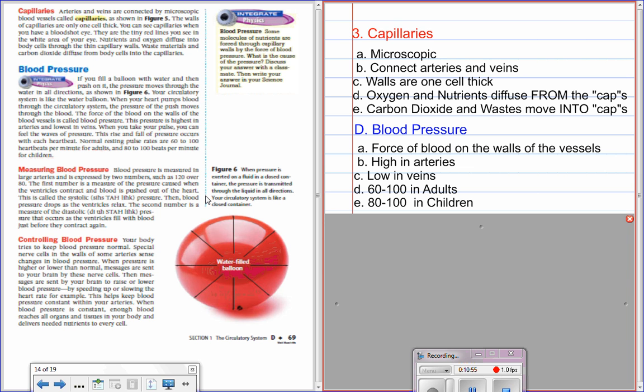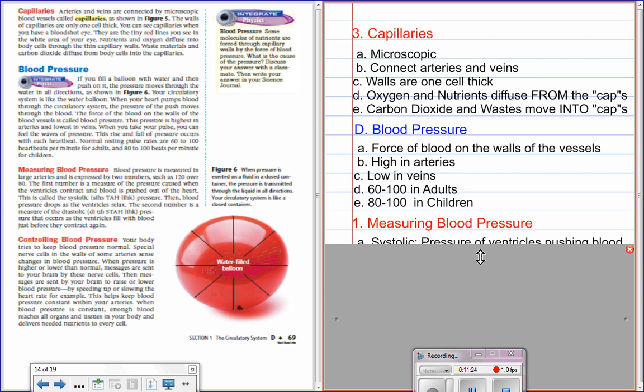So, systolic is when the ventricles contract and blood is pushed out of the heart. Your blood pressure goes down when the ventricles relax. So the second number is when the ventricles are filling with blood again. So let's figure out how we're going to express that. We're measuring blood pressure.